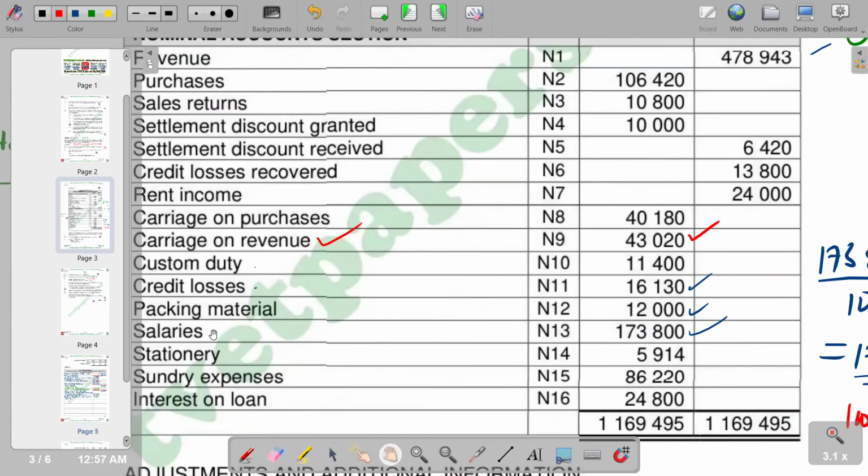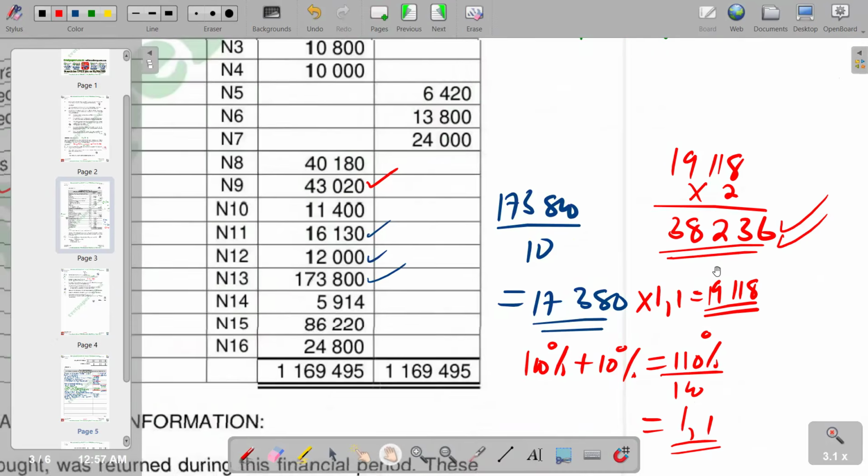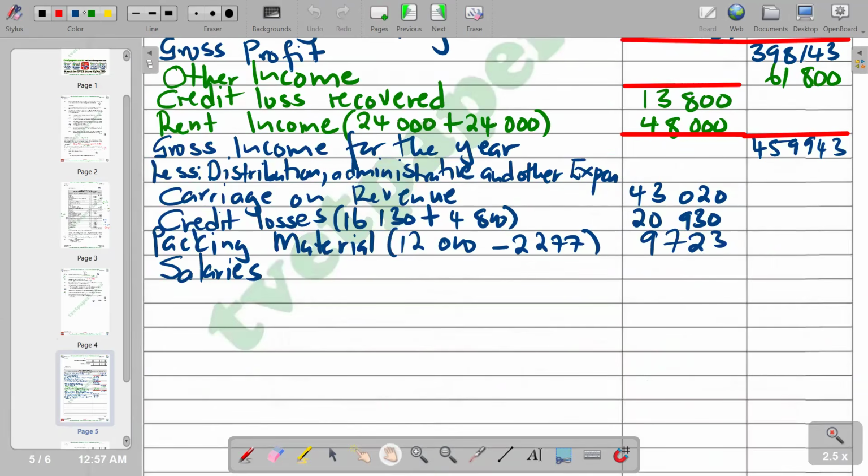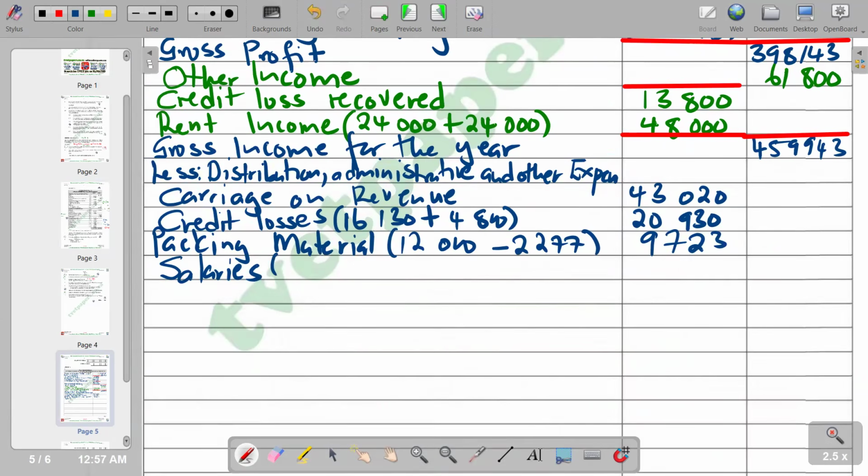Remember, we are given salaries as 173,800, and then we add 38,236. So for salaries, we come here in brackets, we are saying 173,800.